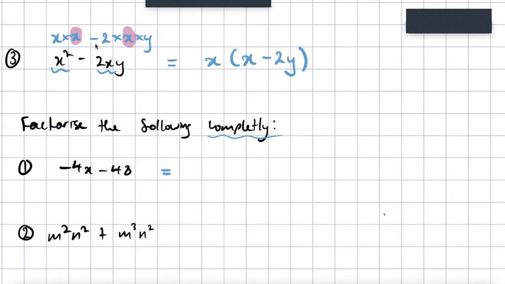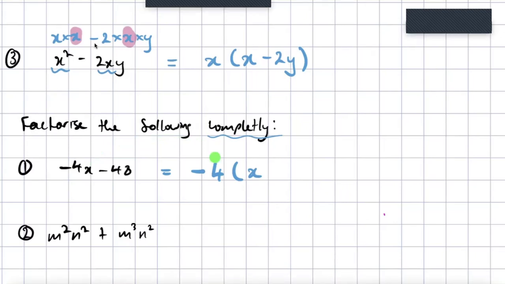Noting that on the first and second term, they both have a common factor of 4, and they're both negative. So I'm going to drag the negative 4 out the front, and now I go, okay, well, minus 4 times what gets me minus 4x, and that is positive x, so the sign has changed on the inside.